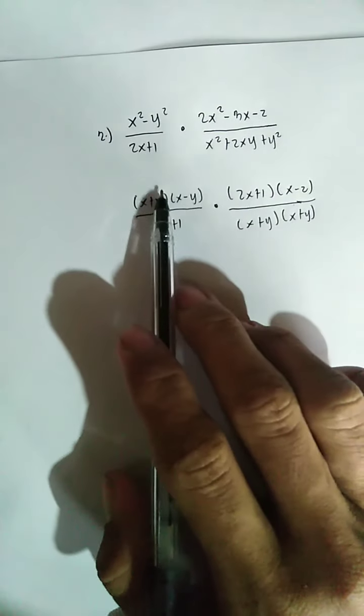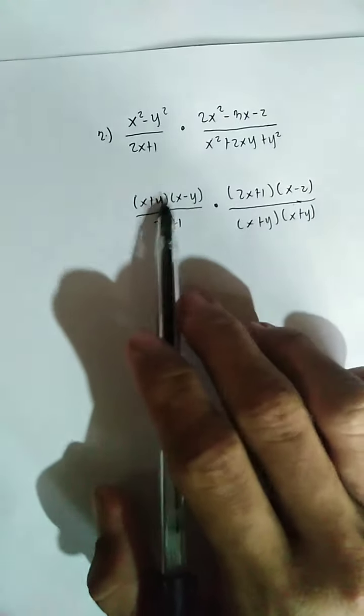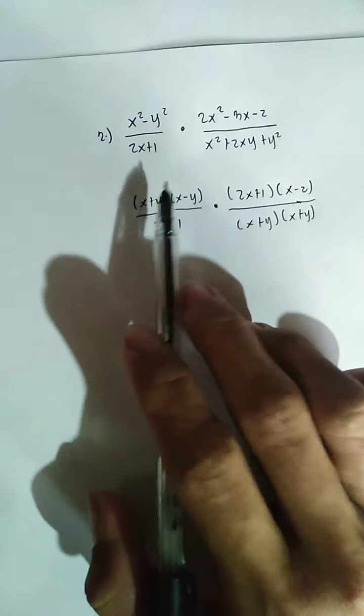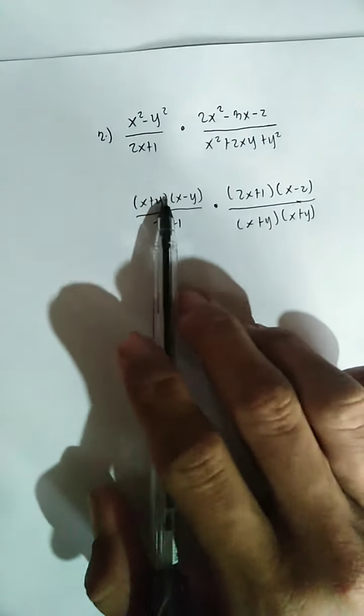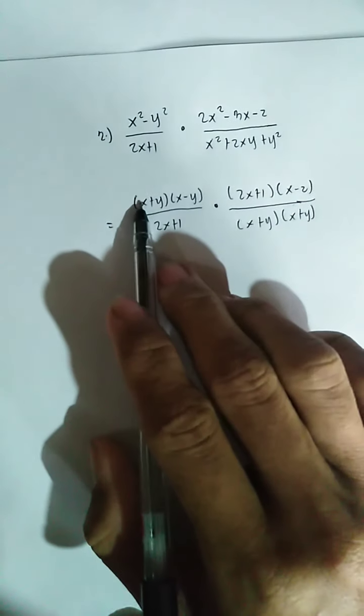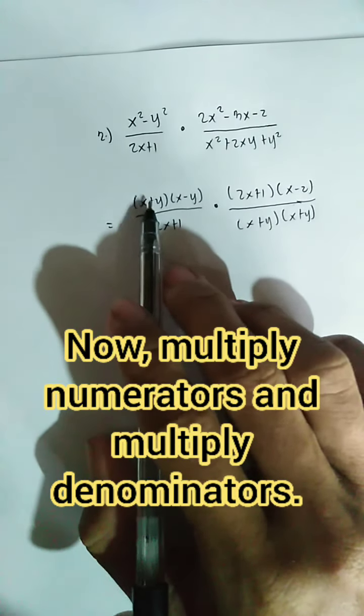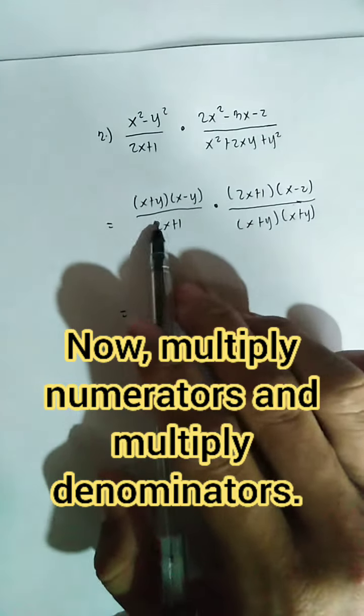Now we can multiply numerator to numerator, since we already finished factoring those expressions that can be factored out. Let us multiply using the rule of multiplication. In the rule of multiplying rational expressions, you multiply numerators and denominators.